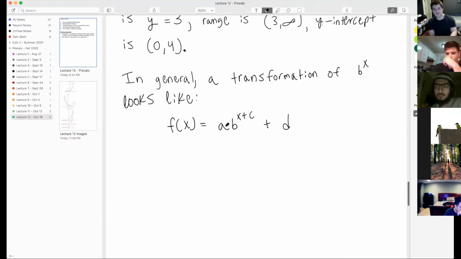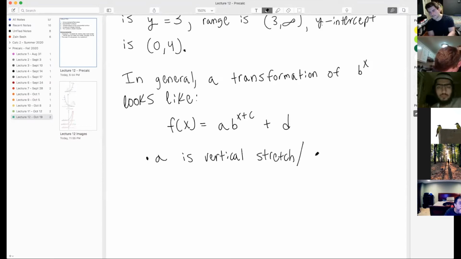All right, so let me tell you what these letters are. A is the vertical stretch or compression. Good. How about c? What does that x plus c mean in the exponent there? Notice how the input x is being added to. Recall from our earlier work that will correspond to a horizontal shift.